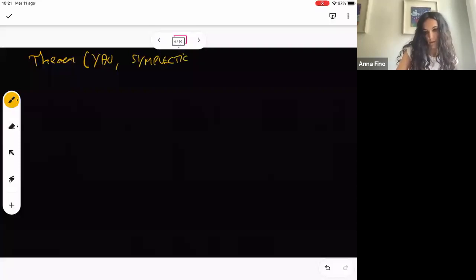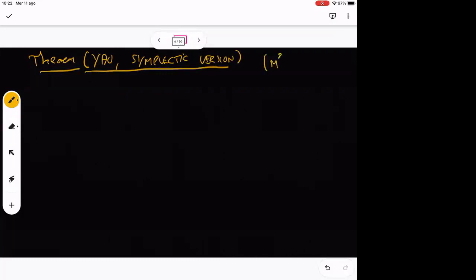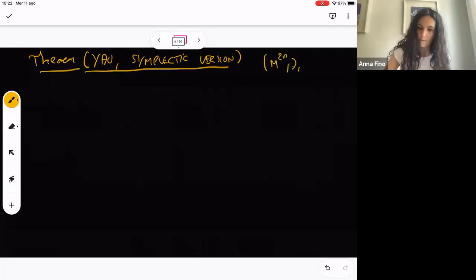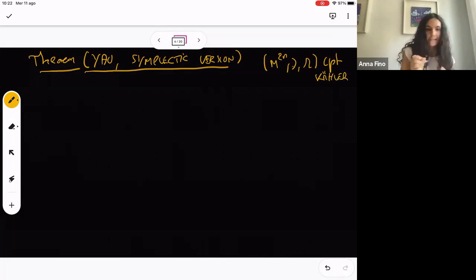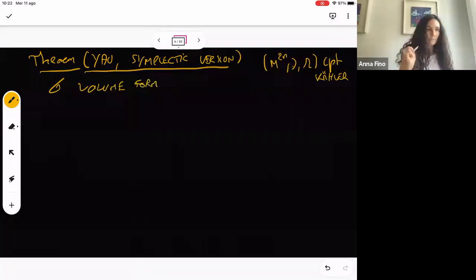This is what we will use. Okay, so we start with our compact Kähler manifold, and this time we saw that it is equivalent. Let's say a volume form, normalized as before.